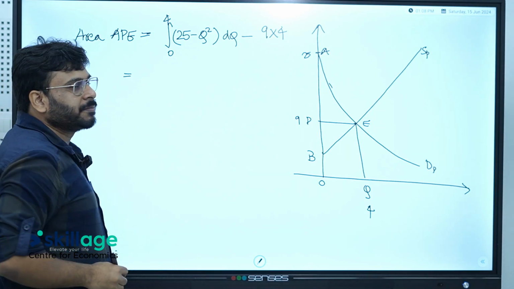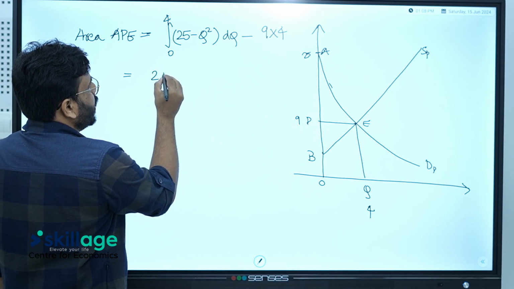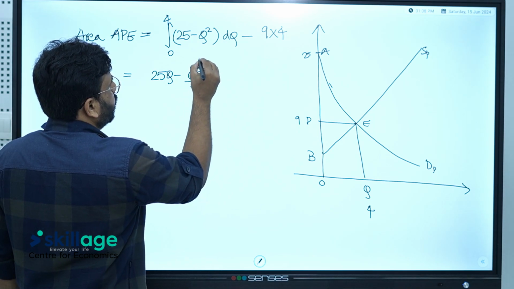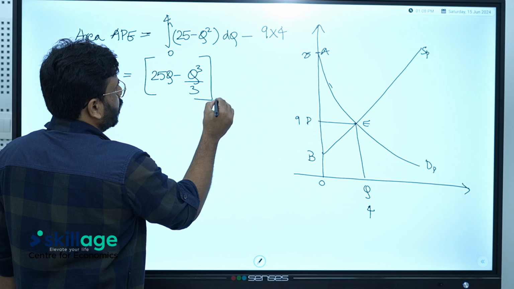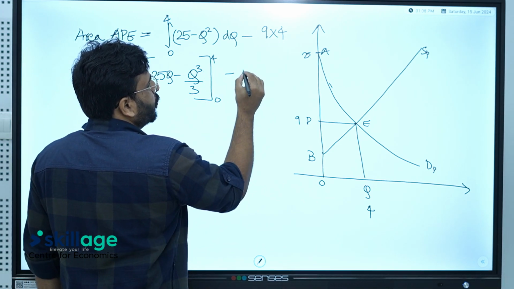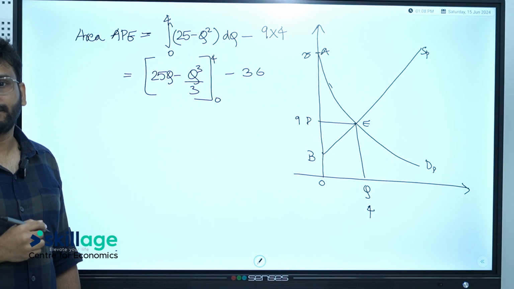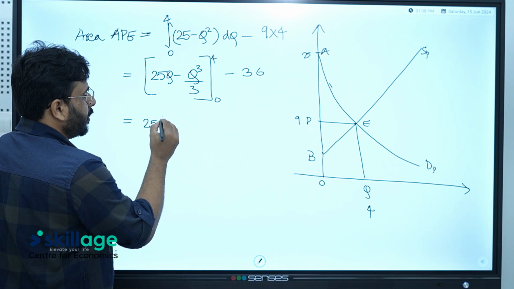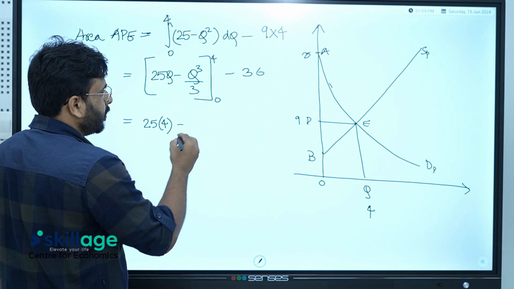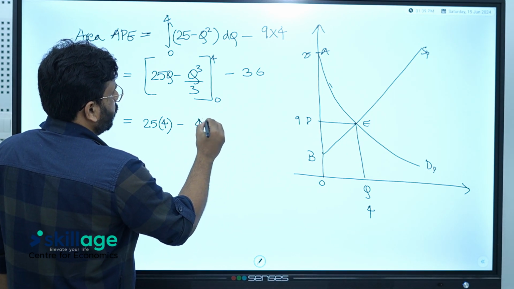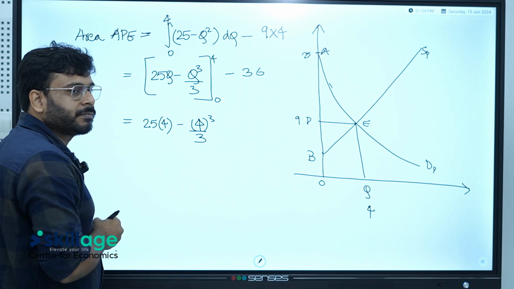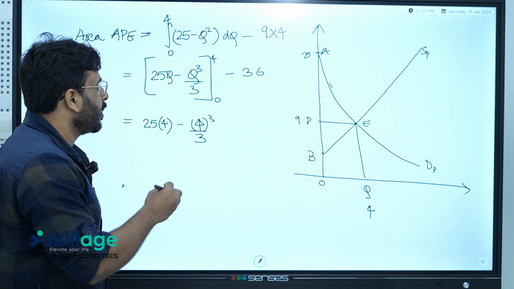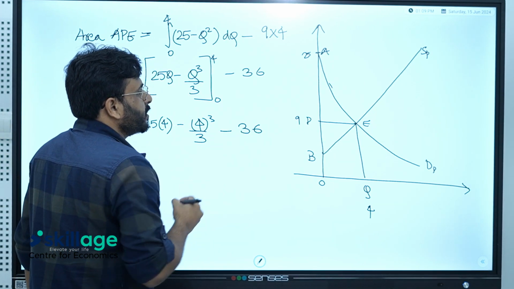Now, let's try to solve this. What you will get is 25q minus q cube by 3 minus 9 into 4, which is 36. Now, let's further solve this. What you will get is 25 into 4 minus 4 cube by 3, and the term at 0 will become 0, so we will just ignore the 0 here.